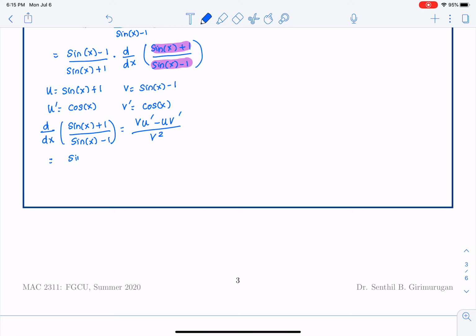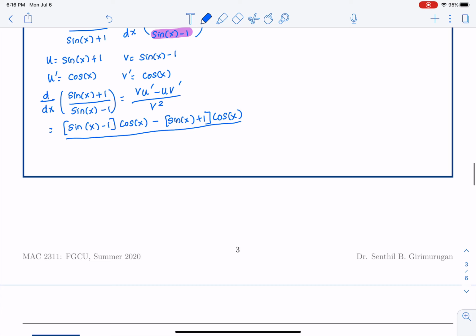Which would give me sine x minus 1 multiplied by cosine x minus u, which is sine x plus 1, multiplied by cosine x again, divided by v squared, and that is sine x minus 1 squared.